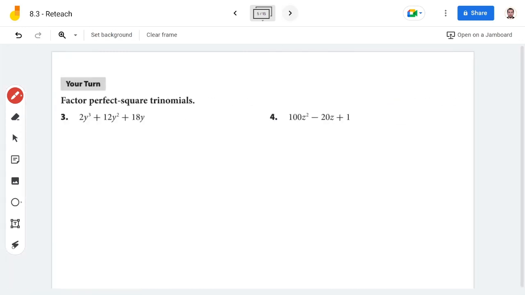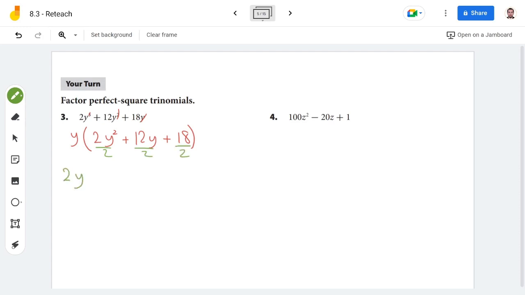Try to solve these questions, but let me solve this question for you. First step, take y as a common factor from each term. So we get 2y to the power of 2 plus 12y plus 18. Now take a common factor between all of these: 2, 2, 2, so 2 is a common factor.